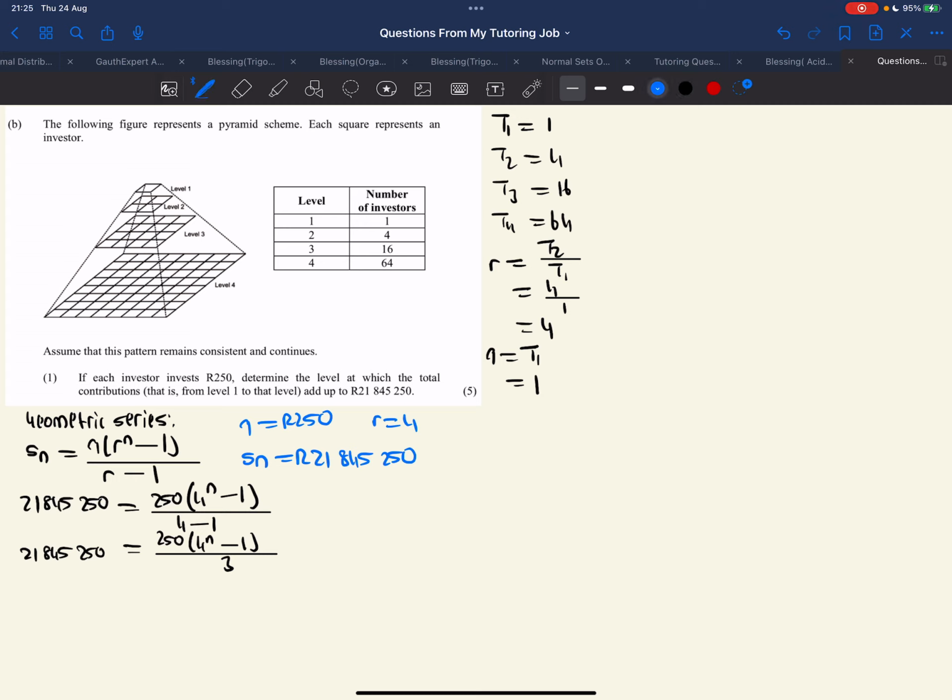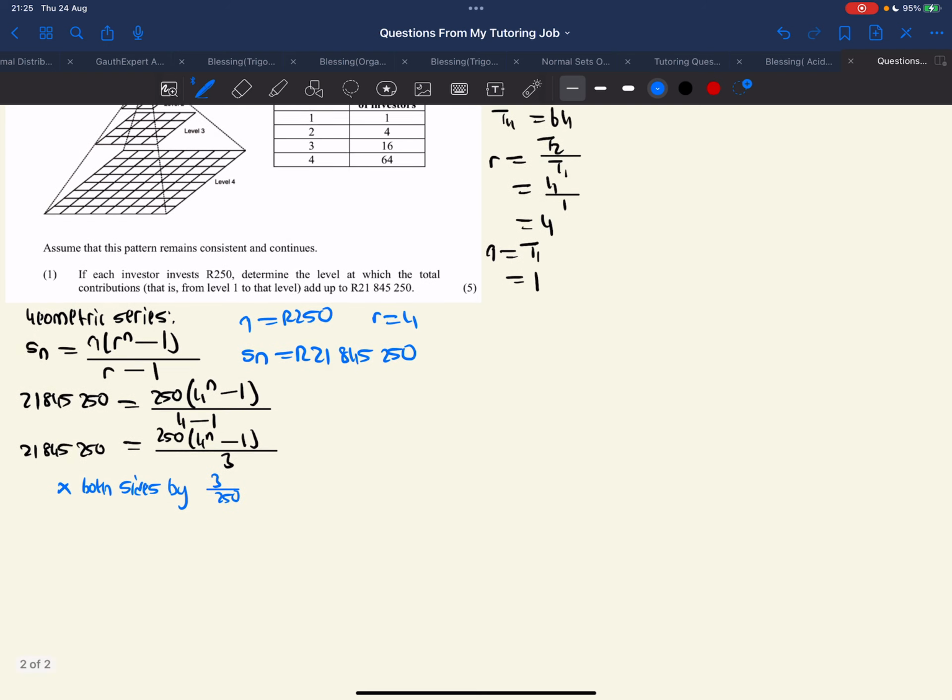So what we need to do is multiply both sides by 3 over 250. If you do that, this is going to become 21,845,250 multiplied by 3 over 250.